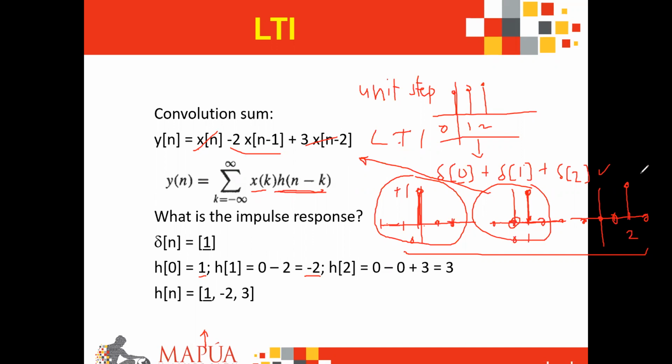And then finally, if I multiply this signal with an amplitude of 1, again to your LTI, okay, you will again notice that this time around, this term would be 0, this term would be 0, and only this term will be present.